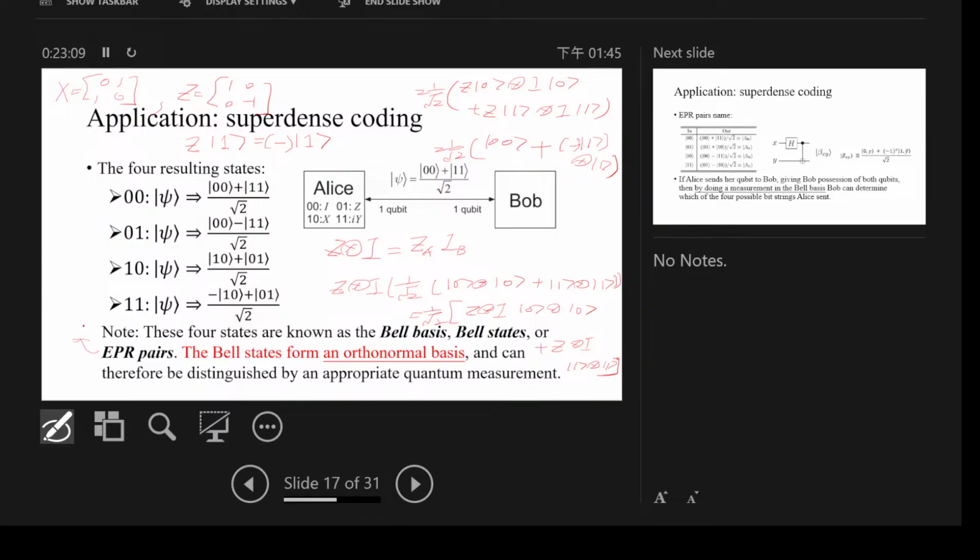E is Einstein, and P and R are 2 other physicists, and it was one of the arguments they had against quantum mechanics, because they thought entangled states were really weird. But people thought about it and said, well, this entangling experiment sounds okay-ish. And so, ironically, EPR pair became a name for a quantum state.